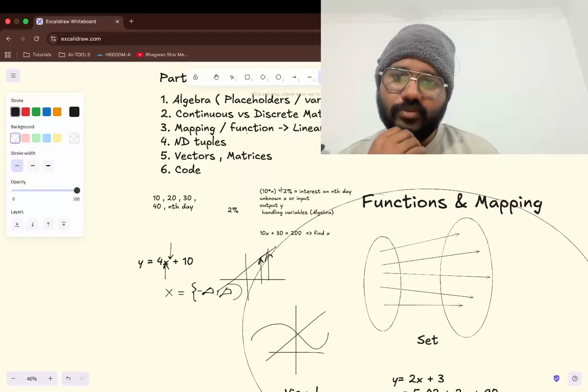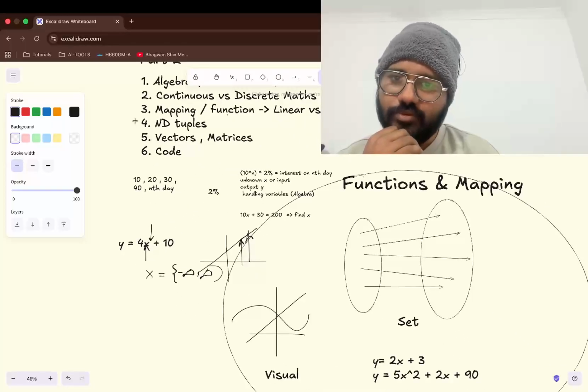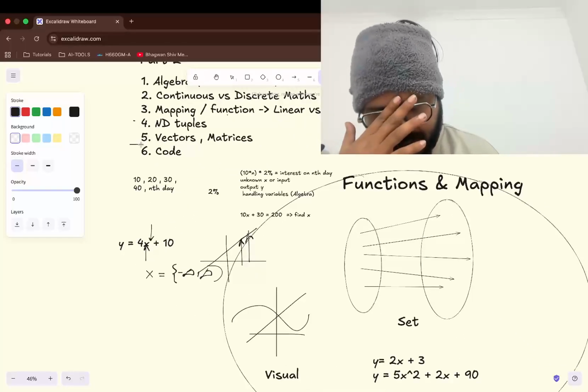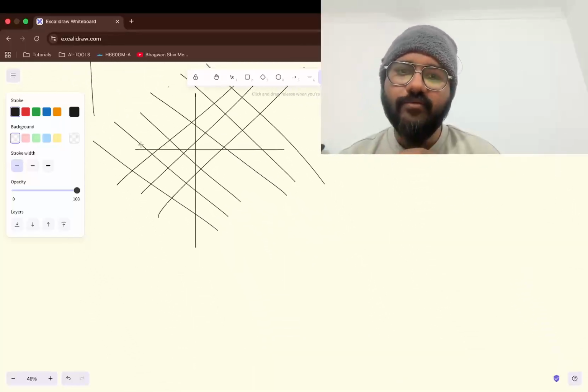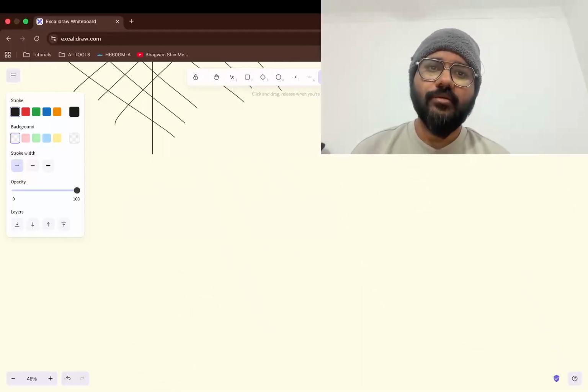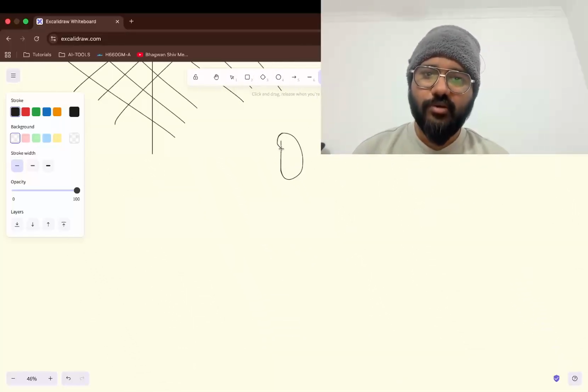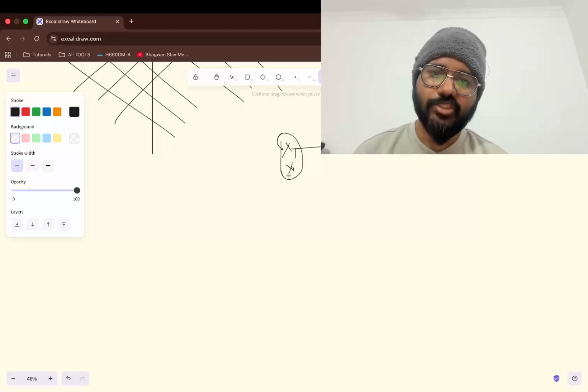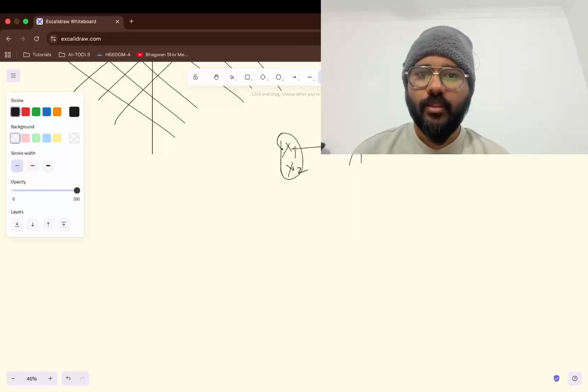Vectors and matrices we'll talk about, or these two concepts are similar, which is basically when you have something where there are two variables on which the input and output depends. So it could be, let's say, x1 and x2, which is related to y.